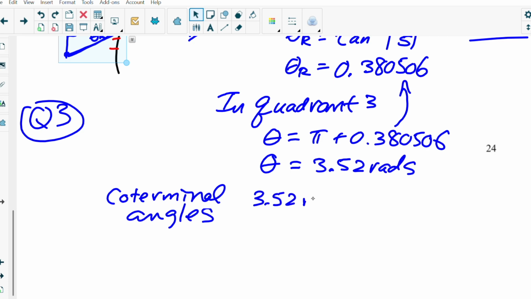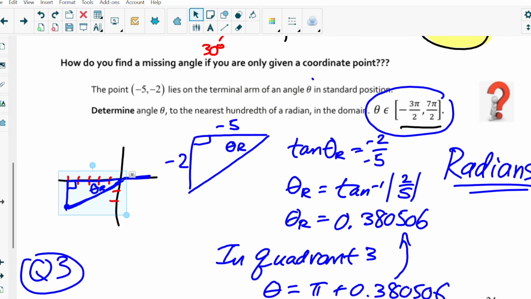If I take 3.52 radians and I subtract a full rotation, 2 pi, I get negative 2.76 radians. Okay, those exact values in radians up here, let's just bookmark those, right?